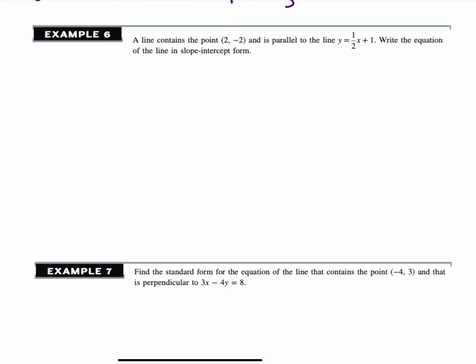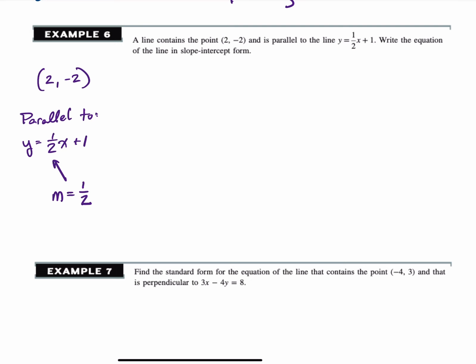All right, let's look at this first one. So we're given we want to create a line that contains the point 2 comma negative 2, and we're parallel to this other line. So I'll write that we're parallel to this line, y equals 1/2 x plus 1. So that means we're going to have the same slope as this line. We can just steal it from this line, basically. I know that m is going to equal positive 1/2. So now we have our slope and a single point on the line.